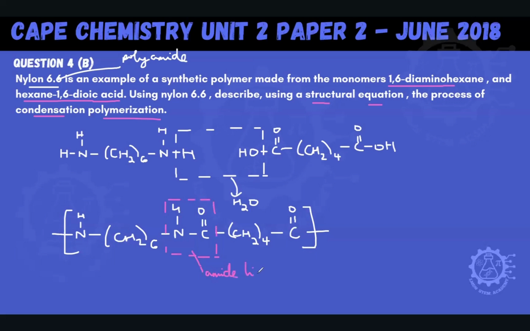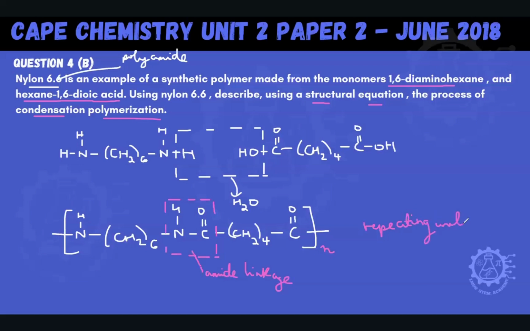So that's my amide linkage. And then as a whole, we call this a repeating unit because this is the unit that's going to continue to repeat up to n number of times, right? So we can put an n beside it and just say that this is what we call our repeating unit. And that repeats based on how many monomers you used, okay?